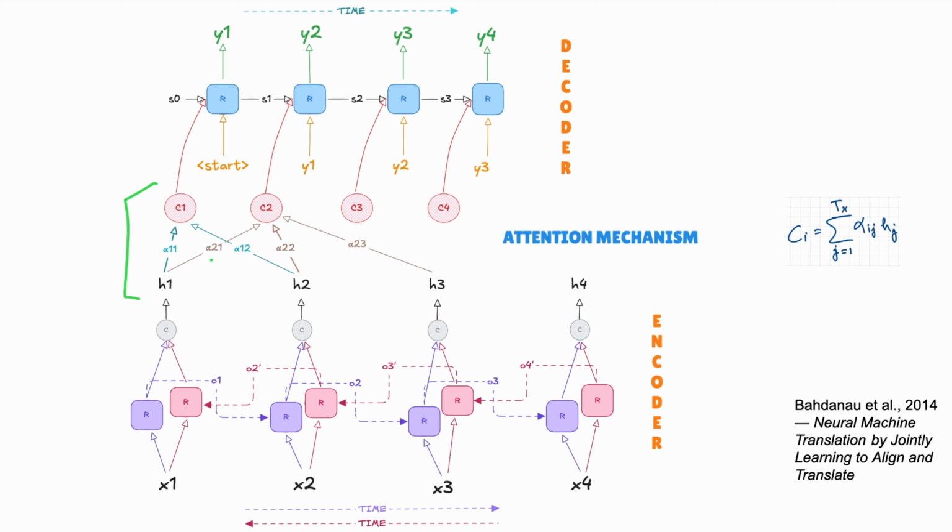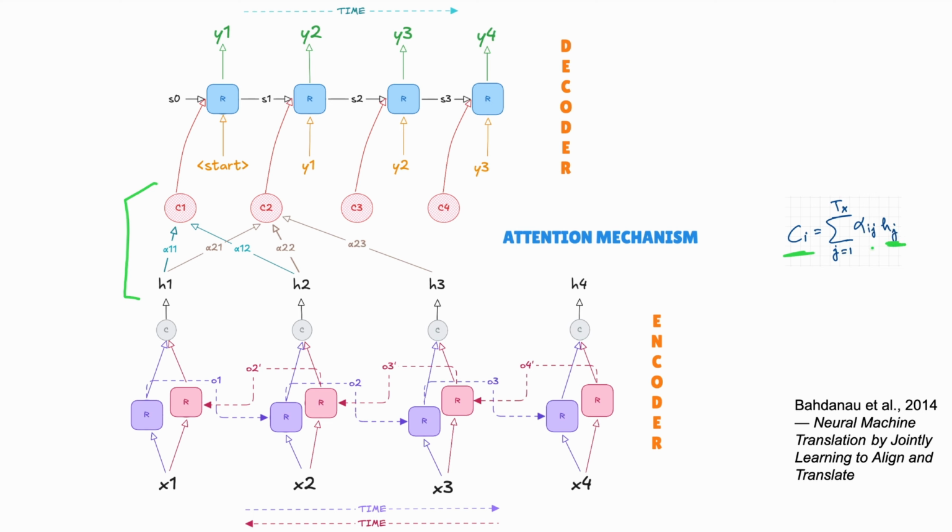In the attention mechanism, we have the hidden states, which are the output from the encoder, and we have C1, C2, C3, C4, which are the context vectors. We use the hidden states to calculate the context vectors. Basically, this is the formula: Ci equals the summation of alpha ij hj.